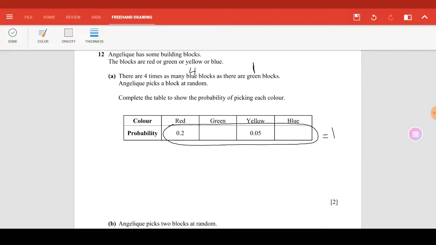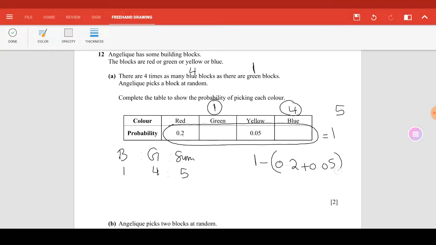Okay. When you have one green, you have 4 blue. So the total of them is like 5 parts. So the ratio between them, green to blue, is 1 to 4. So the sum is 5. To know the sum, you need to subtract the total probabilities that you have, 0.2 plus 0.05.